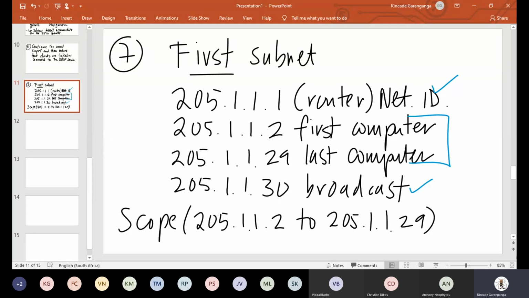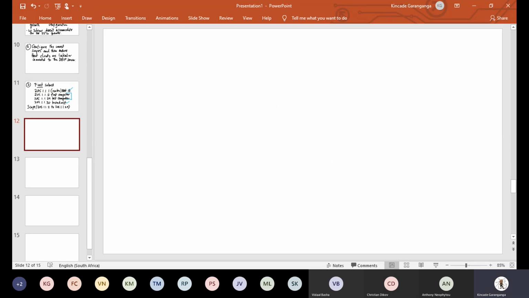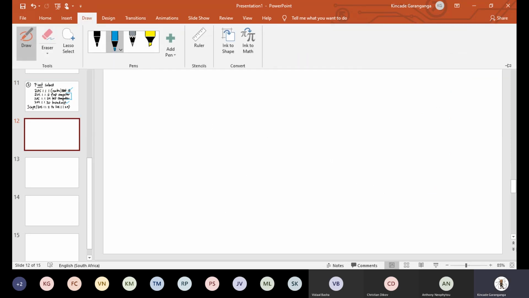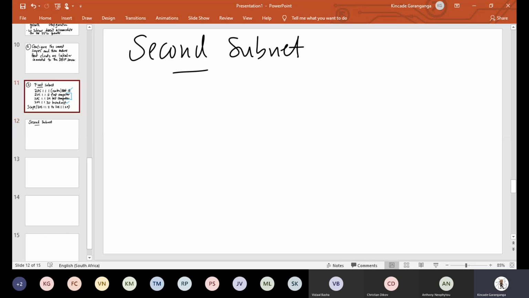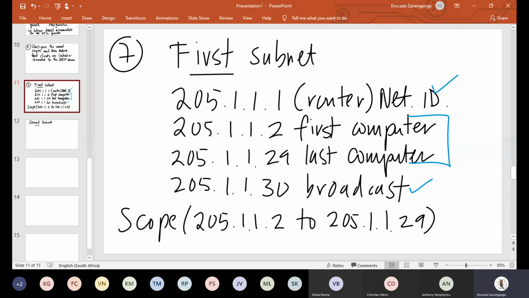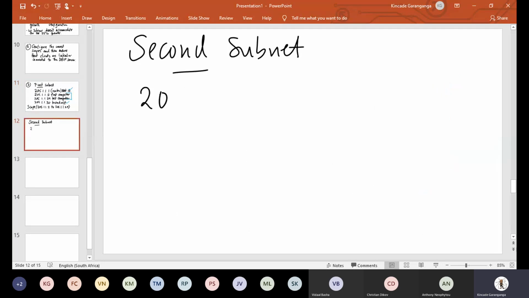And then if you look at the second subnet now, so here, if we look at it from this point of view, so our second subnet, remember we've got 6 in total. That means that our first address now, what was our last one there? Our last one was 30, right? So our first address is going to be 205.1.1.31.